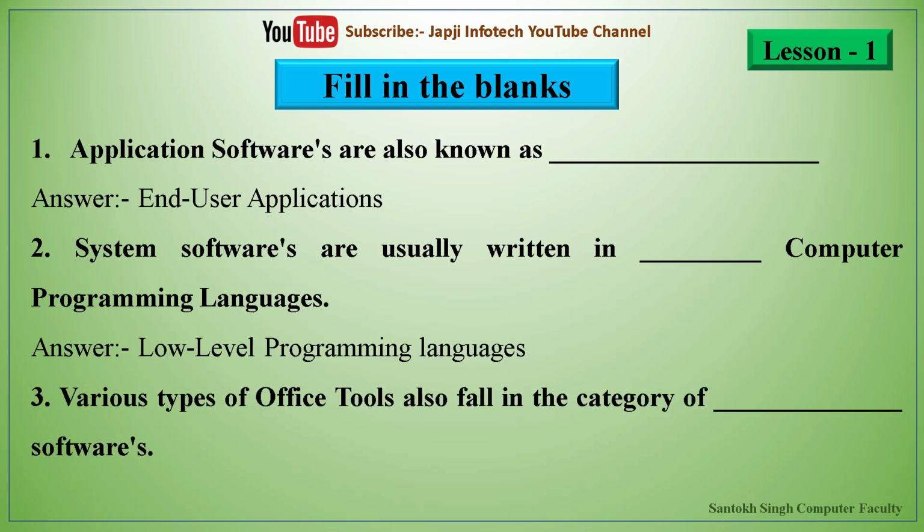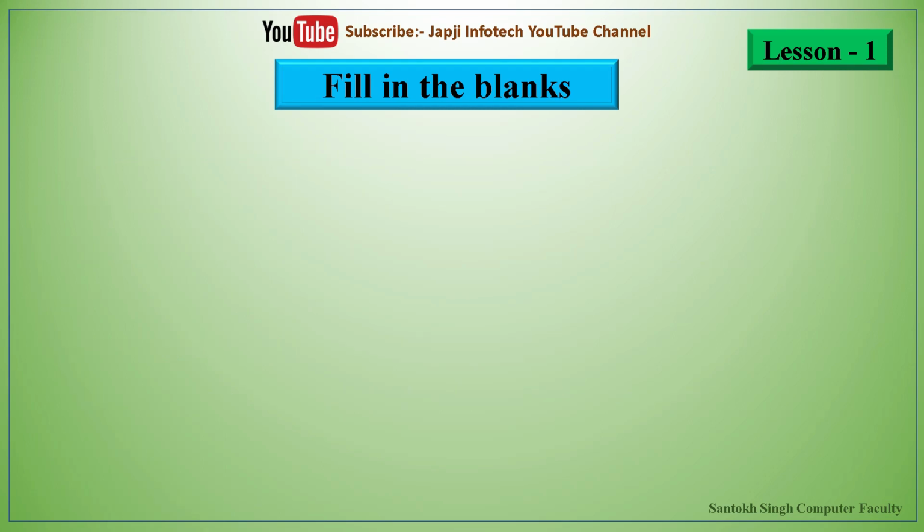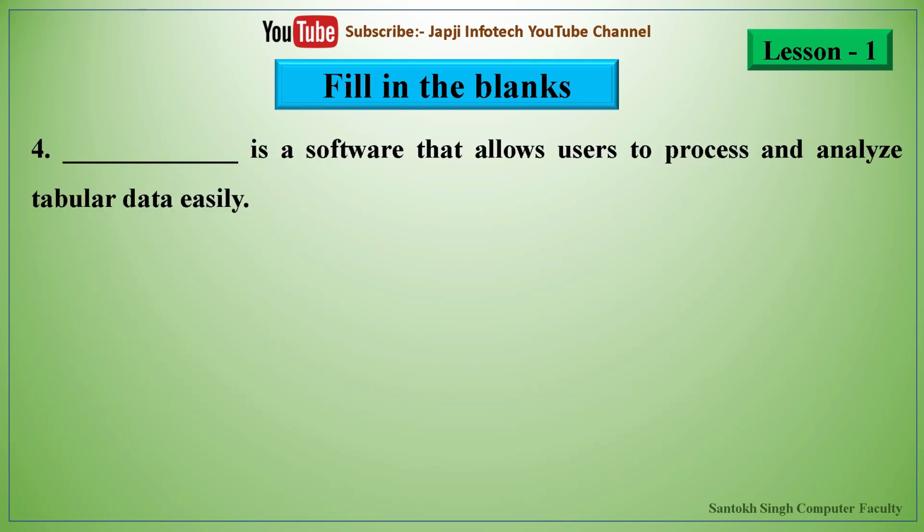And the third one is, various types of office tools also fall in the category of dash software. And the right answer is application software. And the fourth one is, dash is a software that allows user to process and analyze tabular data easily.